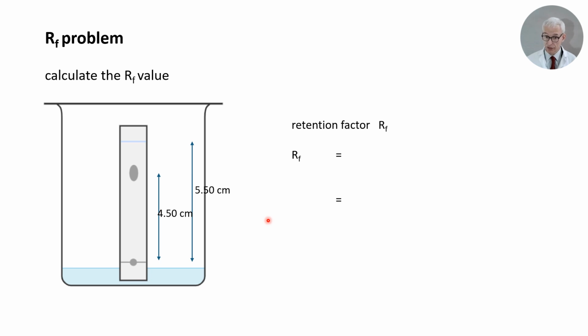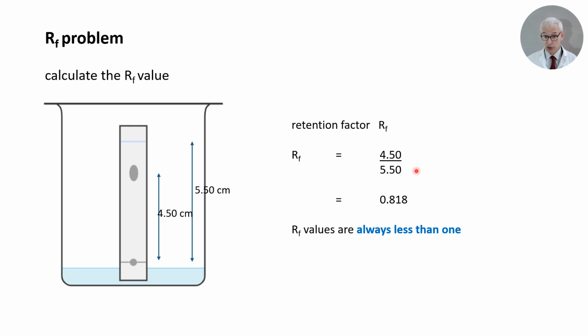Okay, so to reveal, I'm dividing 4.5, baseline to center of the solute, by 5.5, baseline to solvent front. Comes out as 0.818. Now, RF values are always going to be less than 1. A little tip for the exam.